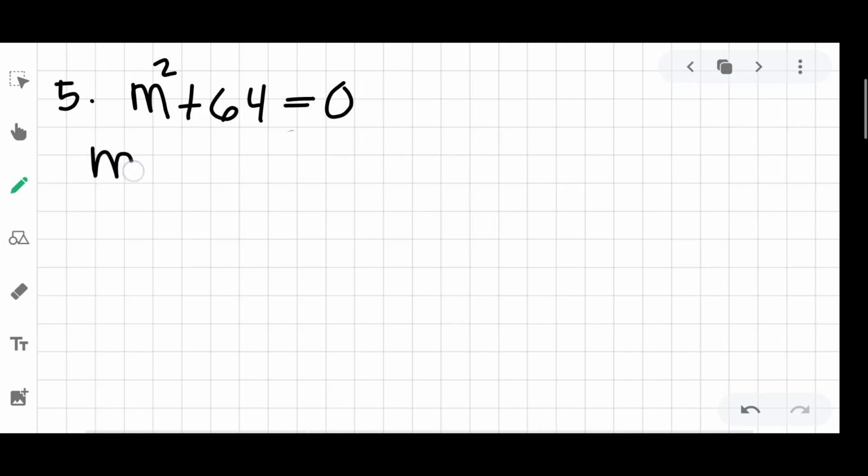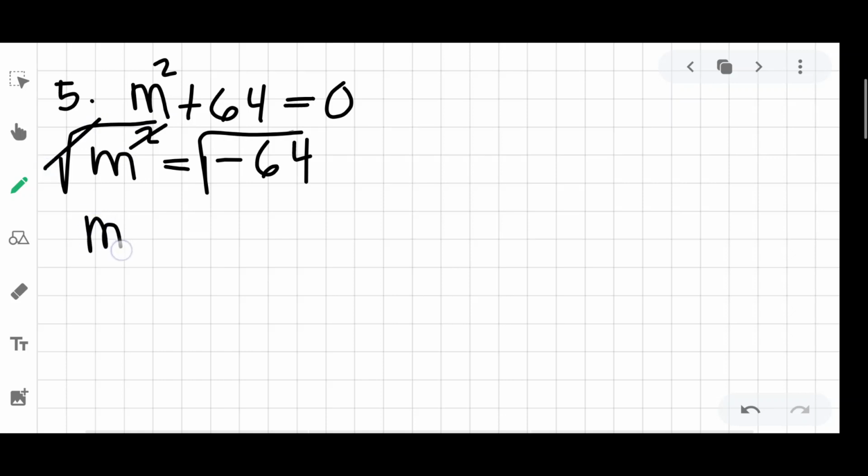Bring down m squared equals, pag nilipat natin si positive 64, siya ay magiging negative 64. Magiging negative siya kasi tinranspose natin. Ngayon, pwede na tayo mag-square root both side. Maka-cancel. M na lang ang matitira.